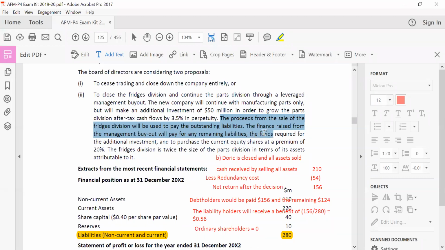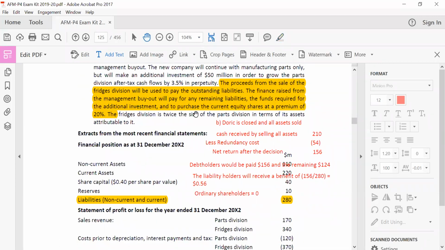The funds required for the additional investment, and the purchase of the current equity shares at a premium of 20%. So we need money to embark on all these activities. At the moment, we only have 104, and even the non-current liability couldn't be paid. So for the money to purchase the current equity shares, we don't have money available. We have to go and search for that money.